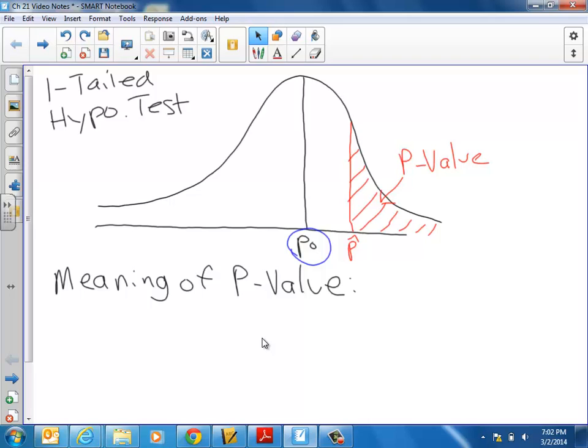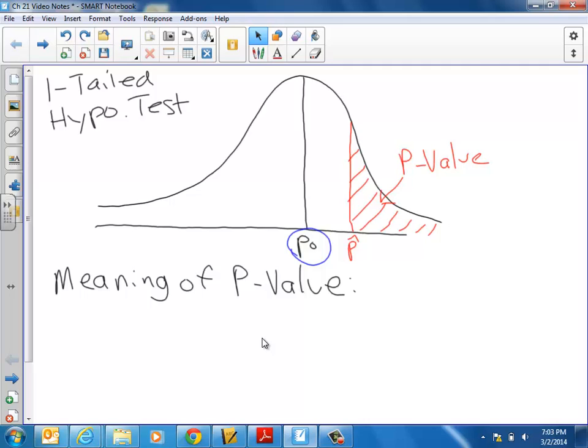That p-value, when it was that low, we used to reject the null hypothesis. If you had a p-value greater than 0.05, we said, okay, it's not that unlikely that we would see a sample proportion behave the way that we did, given this circled p naught is true. So we say we fail to reject the null hypothesis.